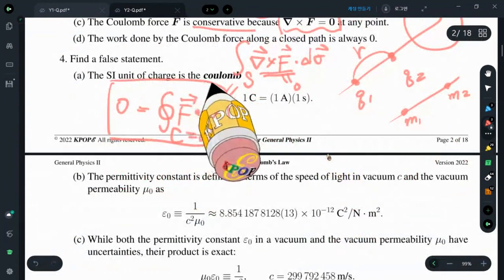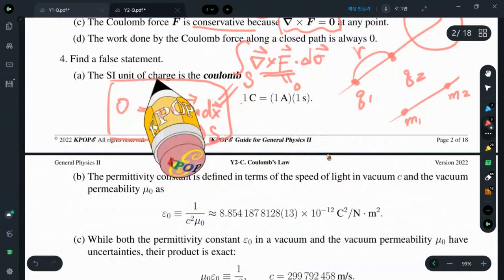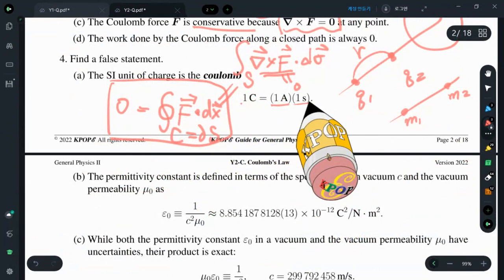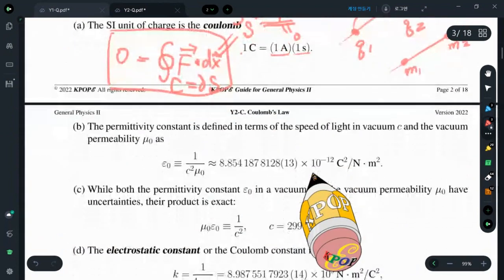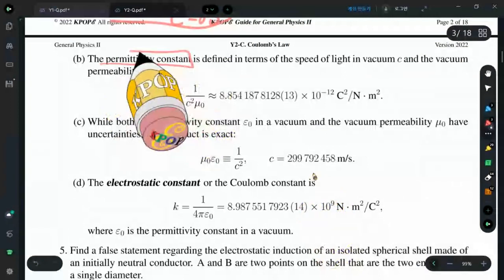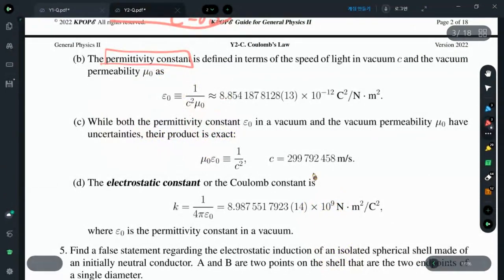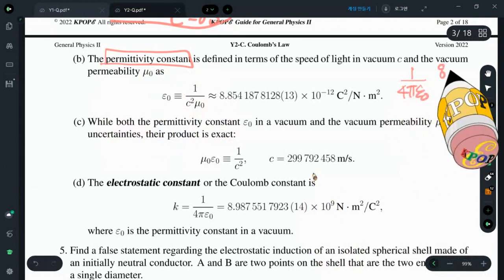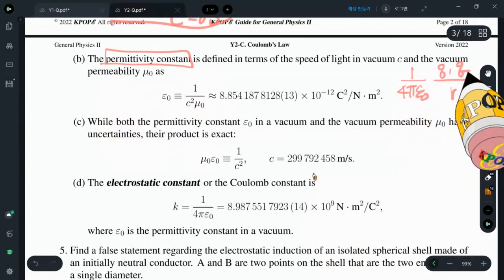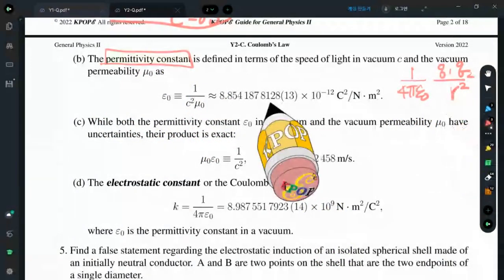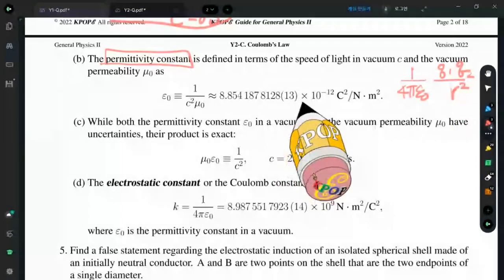The SI unit of electric charge is the coulomb, and that is identical to ampere multiplied by 1 second. The permittivity constant determines the strength of the Coulomb force: 1 over 4 pi epsilon 0, product of charges, and distance between them squared in the denominator. This one has an uncertainty.